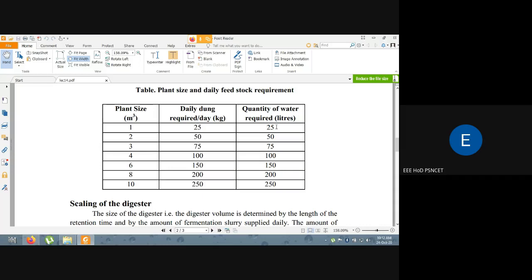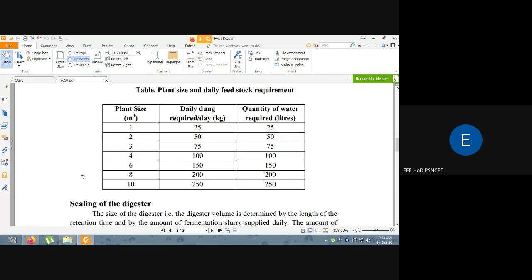We have discussed earlier that the same quantity of water is mixed with the dung. So 2 means 50. A 2 meter cube size means 50 kilograms of dung along with 50 liters of water. So this is a simple calculation. 1 meter cube means we should have 25 kilograms of cow dung along with 25 liters of water.